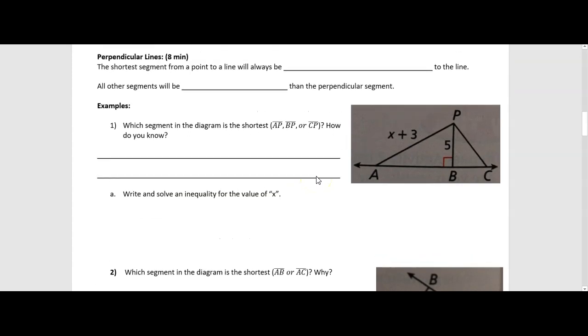So, perpendicular lines. The shortest segment from a point to a line will always be, I'm sure you can guess, perpendicular to the line. All other segments will be longer than the perpendicular segment.